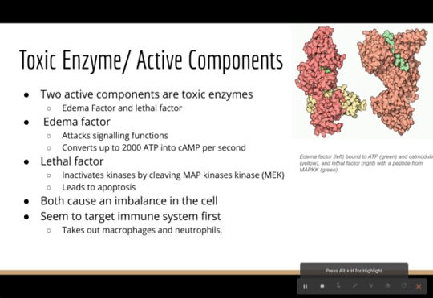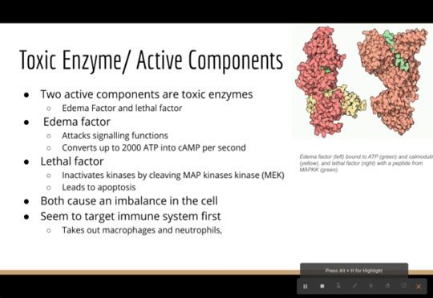The edema factor attacks signaling functions of the cell and can convert up to 2,000 ATP into cAMP per second, which signals a large release of cytokines, which is why we believe that the edema factor is one of the major reasons why anthrax toxin is a superantigen.